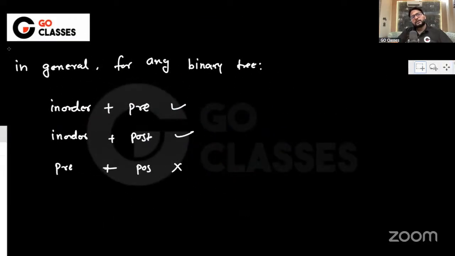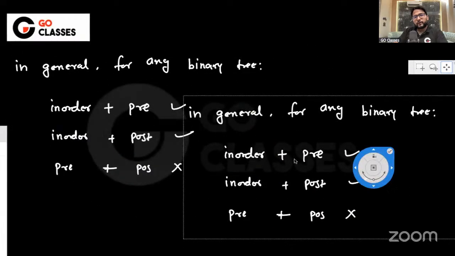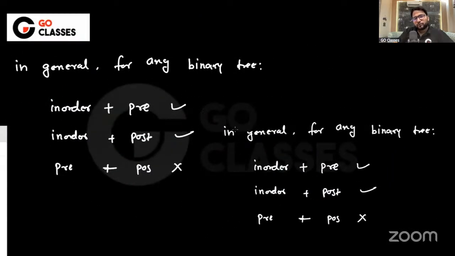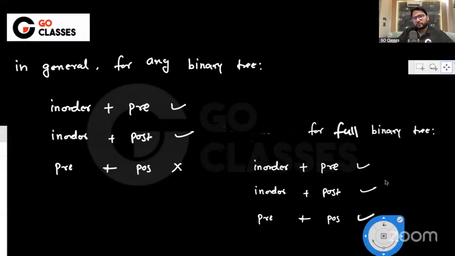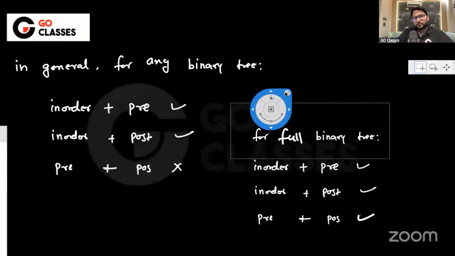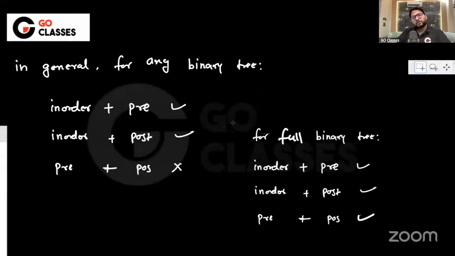But if it is a full binary tree, everything works. Any of these two combinations work. Is this fine to everyone?